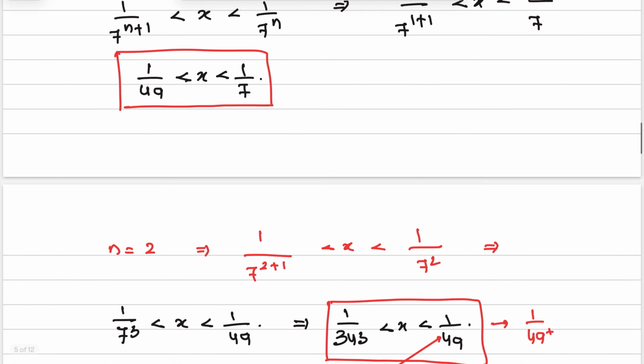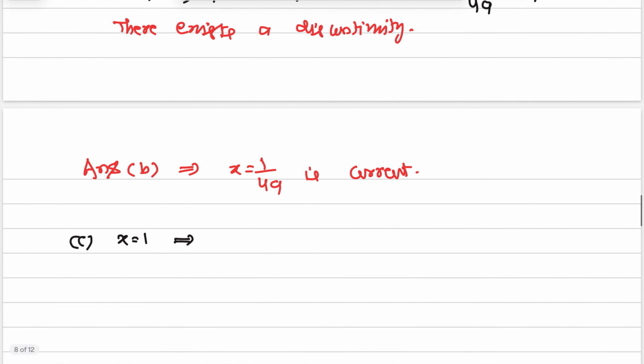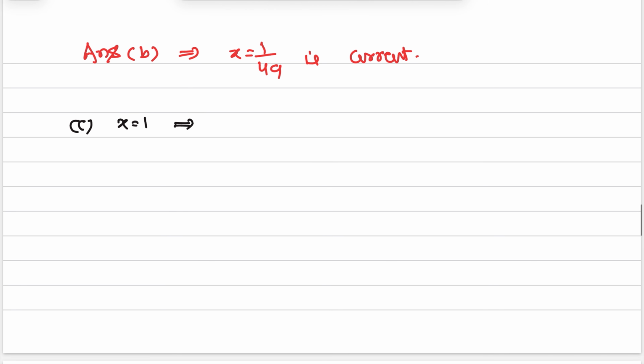When x is equal to 1, function x is 1 by 7 to the power of n plus 1 is less than x is less than 1 by 7 to the power of n. That is the condition.